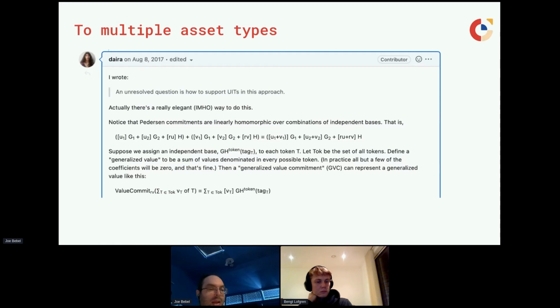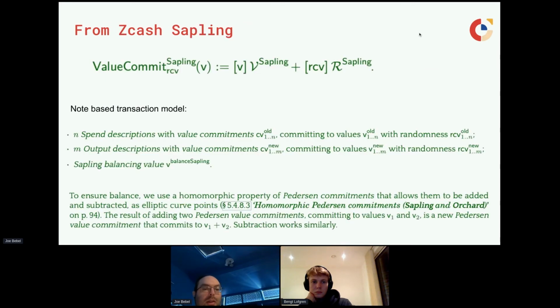And the way that we're going to do this is by using a different elliptic curve point for each asset type. So if we go back and look at this value commitment, we have this capital V elliptic curve point that we use to multiply our scalar value by to lock our value inside of this commitment.